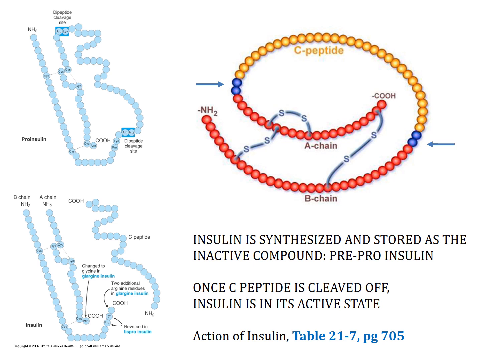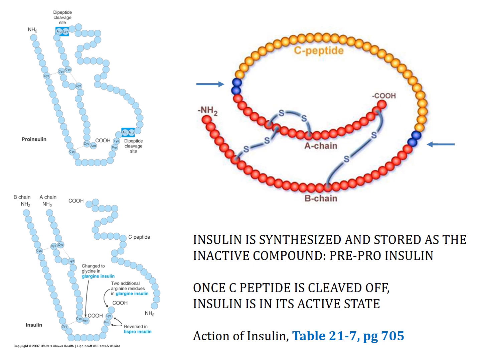Once you cleave off that C-peptide, then that protein essentially forms two separate chains. That two-chain protein then is active insulin.